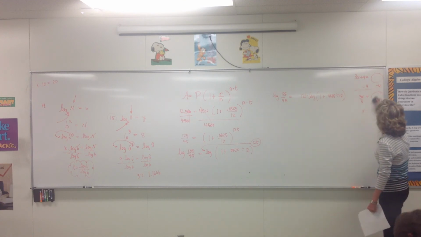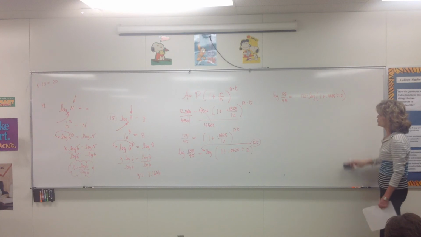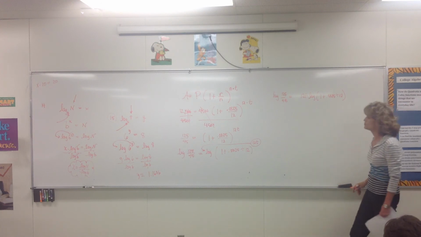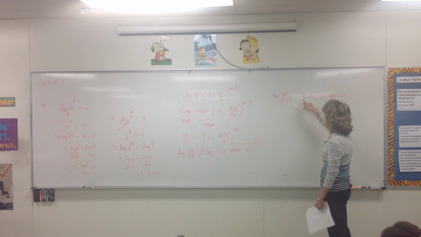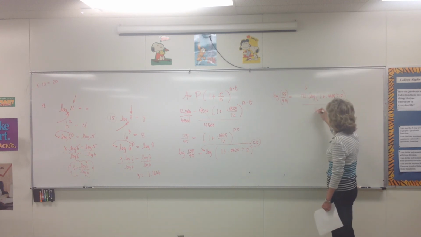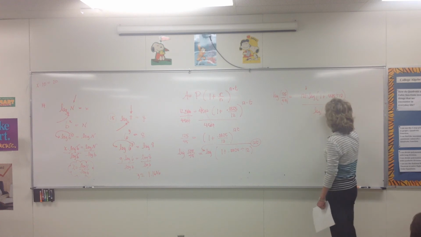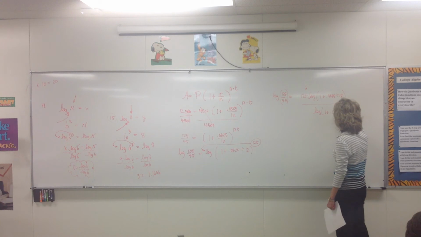So if I'm trying to solve for t, here's what I would probably do first. If we're trying to get t by itself, I'm going to first get 12t by itself. So divide on both sides by log of 1 plus 0.0825 divided by 12.